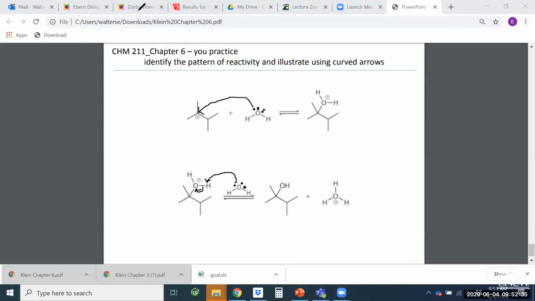So I get the direction of all the arrows except the barbs from the bond to the O, because when I was doing the acid base stuff for homework last night, I thought that the arrow went the other way for that. Is that true? No, they always have to start on electrons or a bond. You can't start an arrow on an atom. Okay, that's really good to know. Thanks.